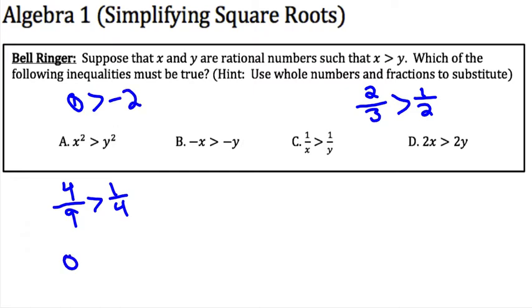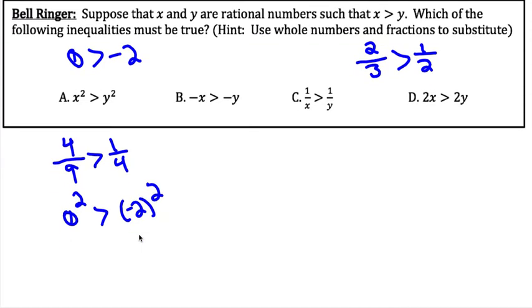Well, 0 squared is just 0, and we want to know, is that greater than -2 squared, which would give you 4, because we have to square that negative also. So this is false. So I found an example that does not work, so A does not work. And again, we're looking for something that works all the time, not just for some things. We want something that will work for everything.